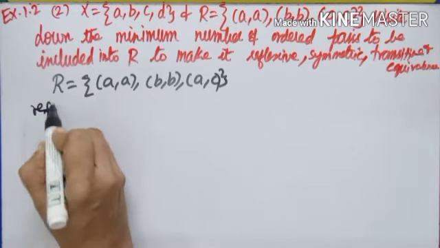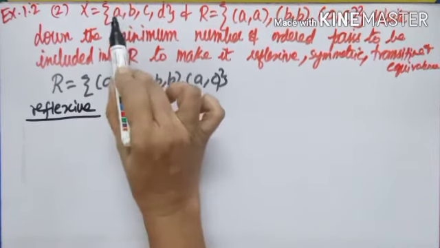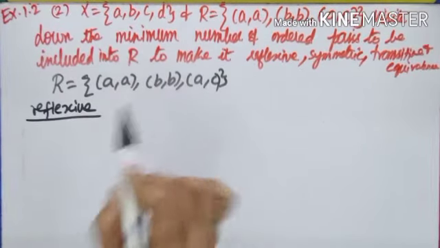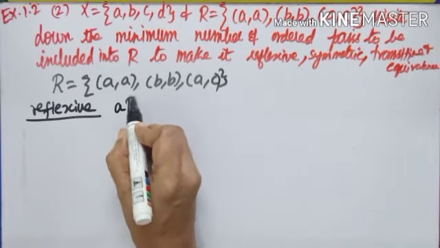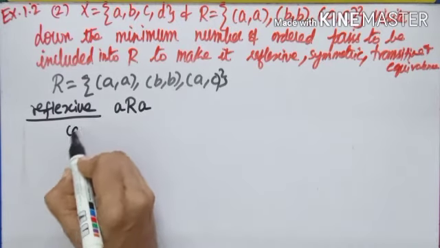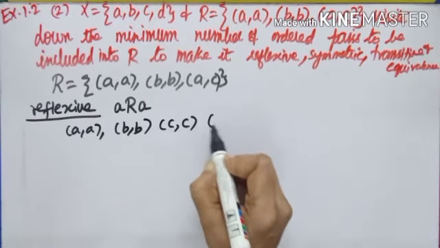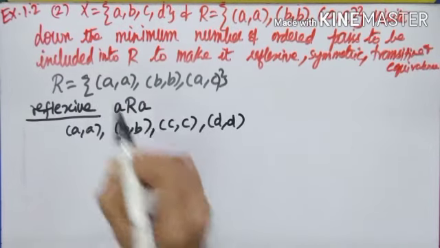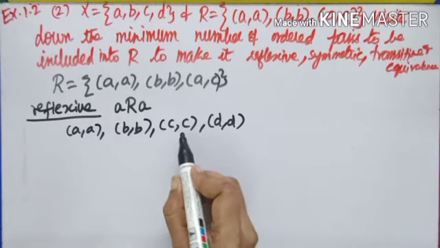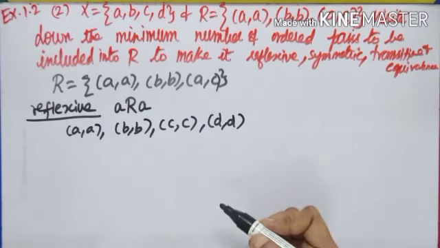My first idea, reflexive. What do you mean by reflexive? Out of the 4 letters, A is there, B is there. Reflexive means A related to A. So what all should be there? AA, BB, CC and DD. Given 4 letters, I should have AA, BB, CC, DD so that R will become reflexive.